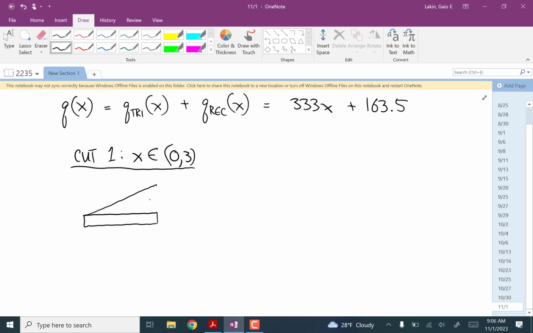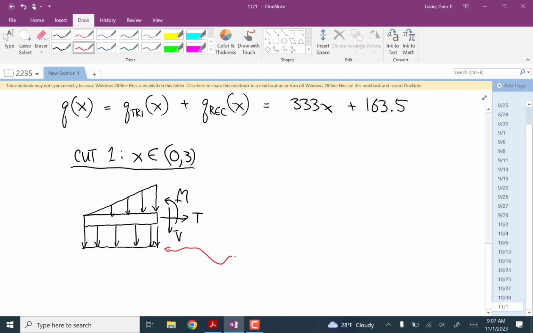We have a piece of the triangular distributed load, but we're missing a bunch of stuff over on the right. So this doesn't come all the way to a height of 1,000 Newton meters. We have this rectangular distributed load that's easier to deal with. And we have the internal loads. The height of this, that's the easy one.